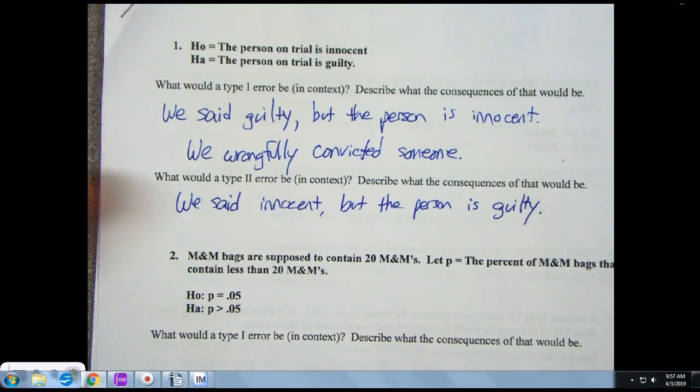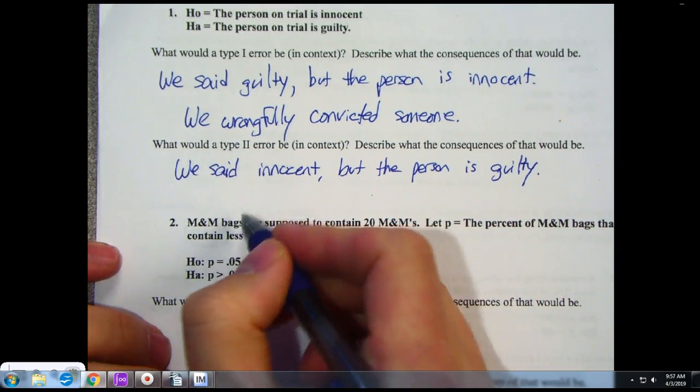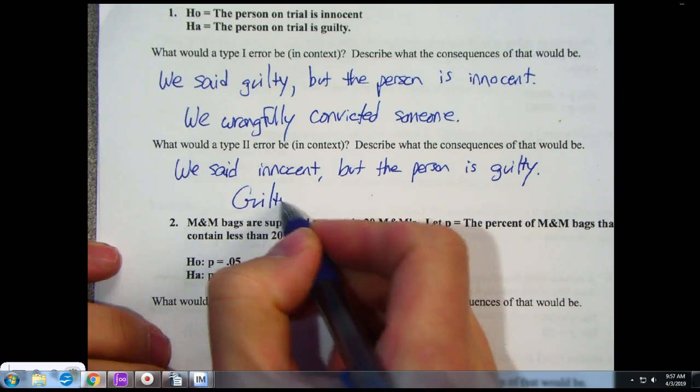We're going to stop right here and focus on the stats. If we had more time, I wouldn't mind talking about it, but we just don't. So we said innocent, but the person is guilty. So what's the consequence? A guilty person goes free.